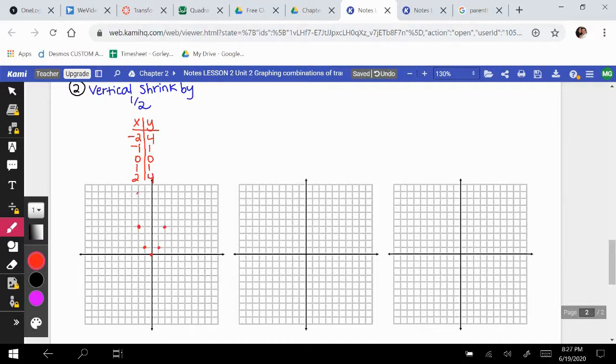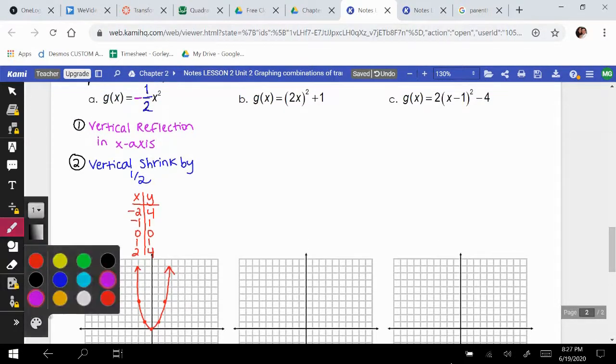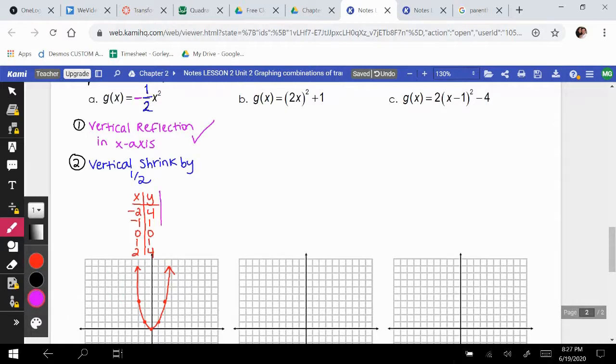Make sure it's a nice U shape, nice smooth curve. Then I'm going to transform those parent points. For a vertical reflection, we're going to change the y values. I'm going to multiply them by -1. 4 times -1, 1 times -1, 0 times -1, 1 times -1, and 4 times -1.